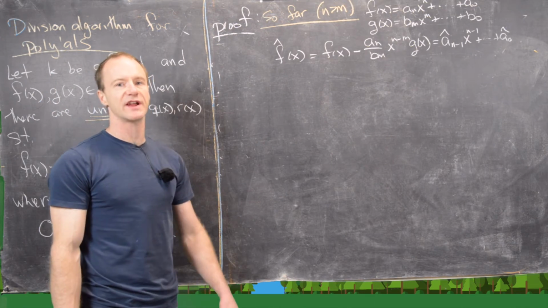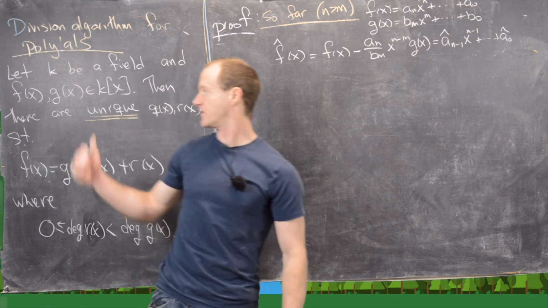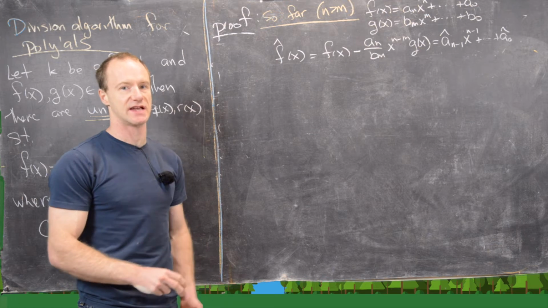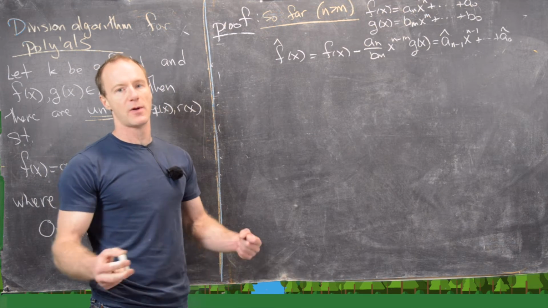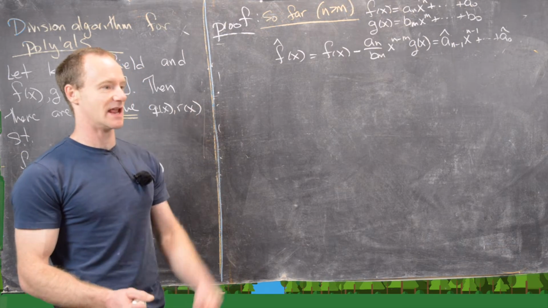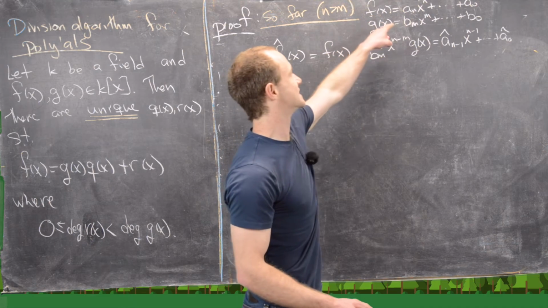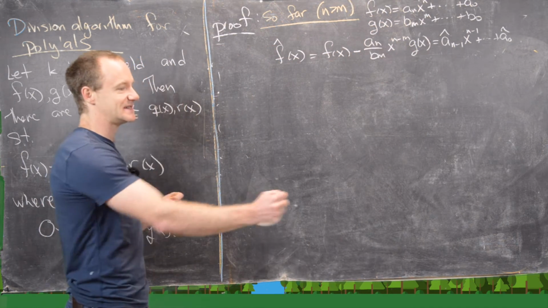Okay, so let's just reiterate where we are so far. We were proceeding by induction. We showed that this division algorithm is easily possible when the degree of the two polynomials is the same. Then we made an induction hypothesis that said for all polynomials of degree less than n, this is possible. Then we have f of x, a degree n polynomial, starting with a n x to the n and descending.